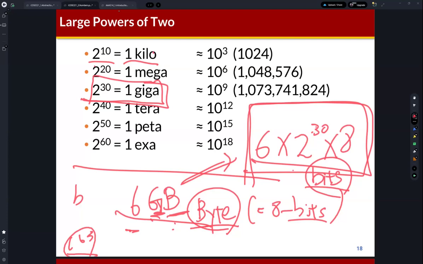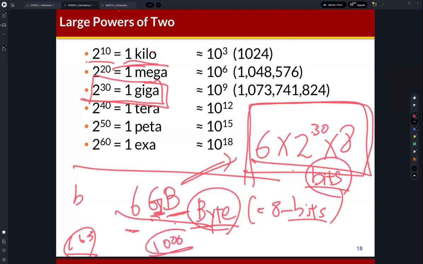Why? For example, SSD size is represented as some gigabytes or terabytes, but the actual size is sometimes different. So why is kilo 2 to the power of 10, not 1,000?